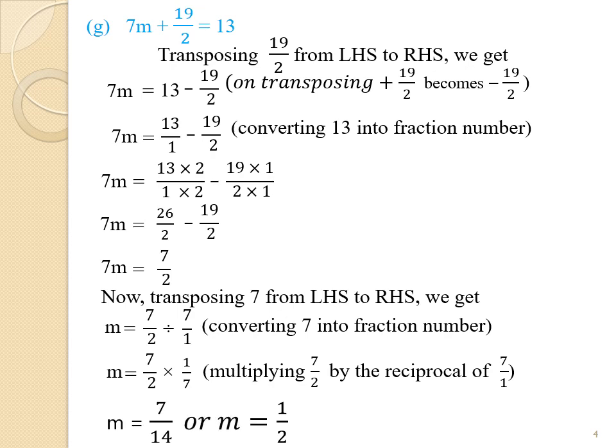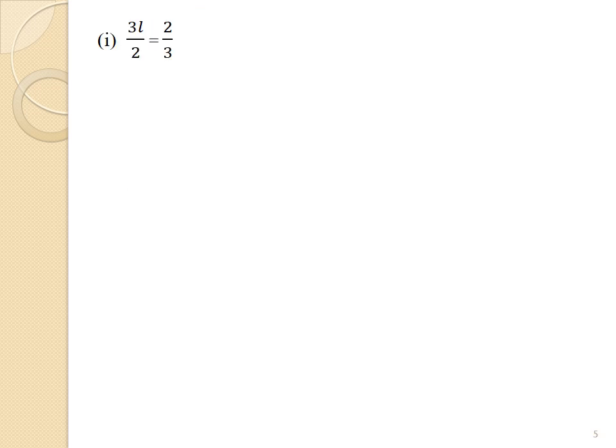Now, reducing 7 upon 14 into lowest form, we get 1 upon 2. So, m equals 1 upon 2 is the solution of 7m plus 19 upon 2 equals 13. Now, sum I. 3l upon 2 equals 2 upon 3.